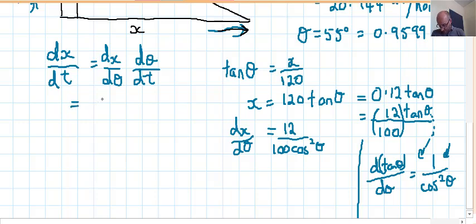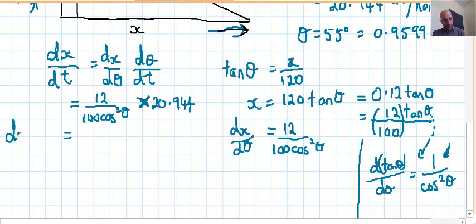So dx d theta is 12 over 100 cos squared theta times d theta dt, which we worked out up there was 20.944. If you just look back at your notes, you'll see that, and we multiply that together.